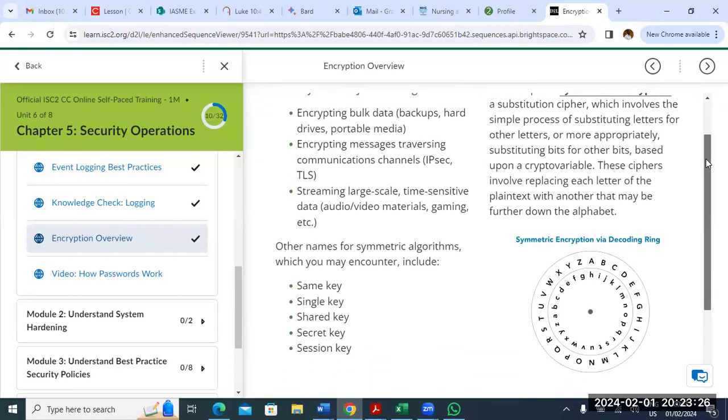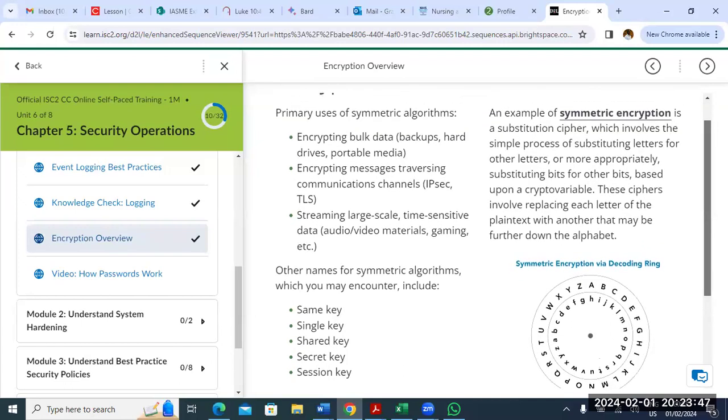Other names for symmetric algorithm which you may encounter include same key, single key, shared key, secret key, session key. Please take note. Secret, session key, they all mean the same thing with symmetric algorithm.